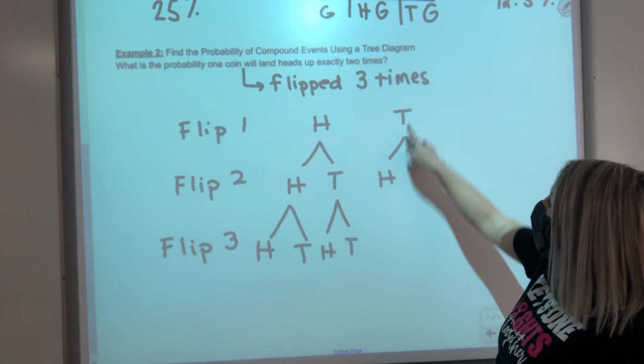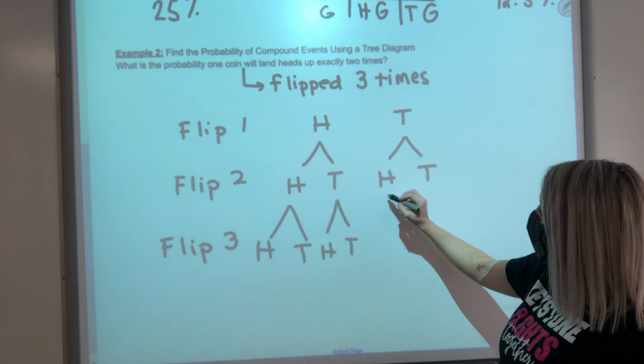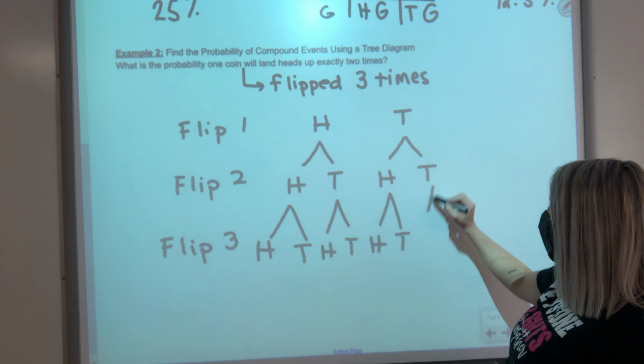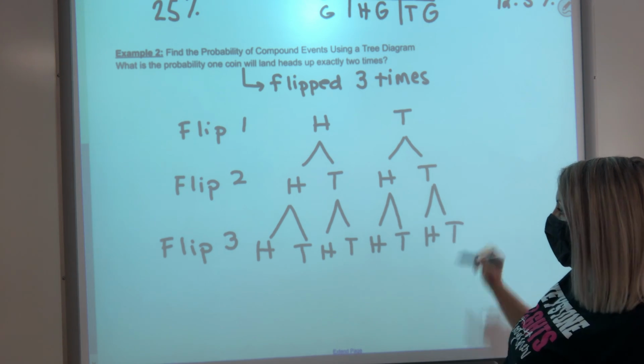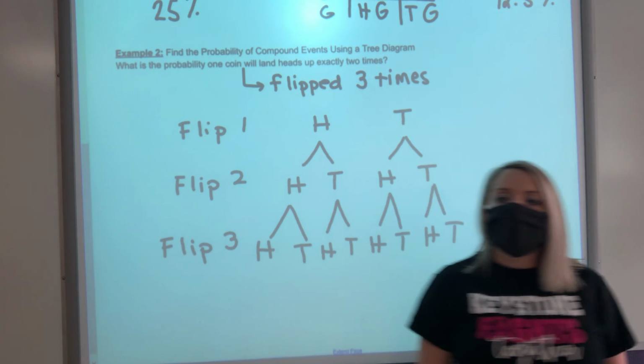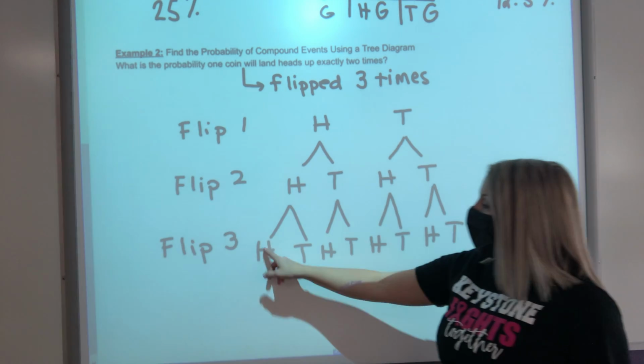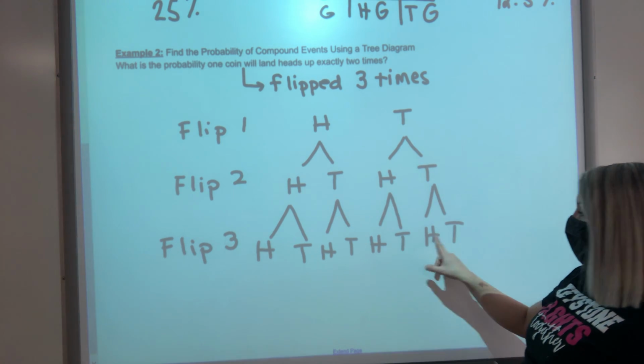And then we go this way. Tails, we can go heads or tails. Tails, tails, we can go heads or tails. Now when we're using the tree diagram to figure out our possible outcomes, we always count the bottom row. So we have 1, 2, 3, 4, 5, 6, 7, 8.